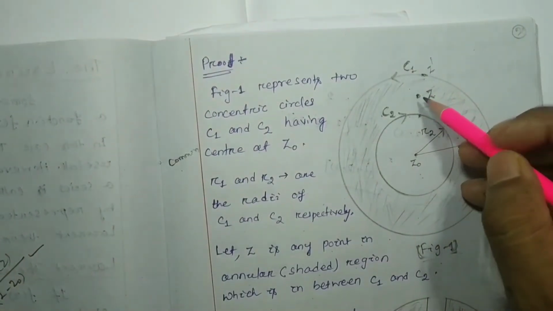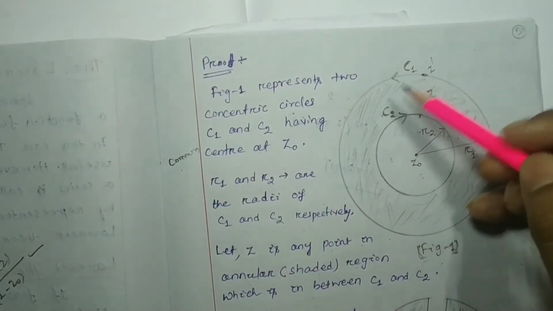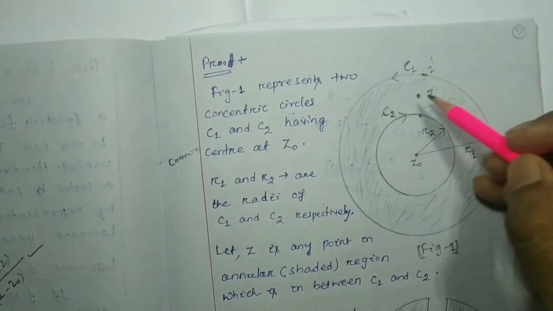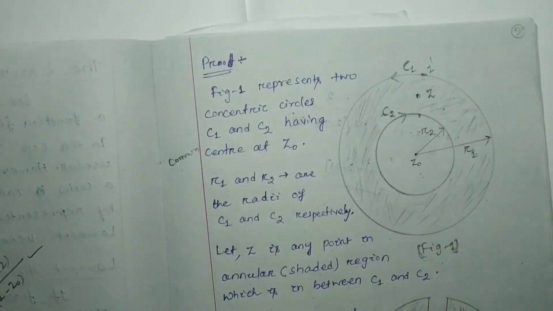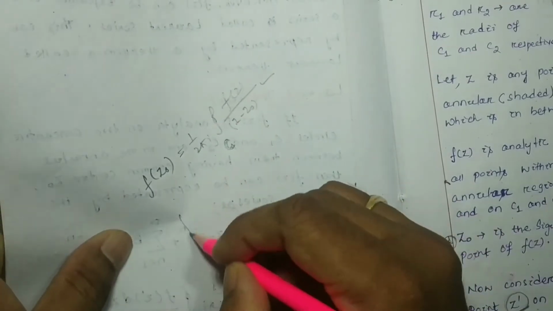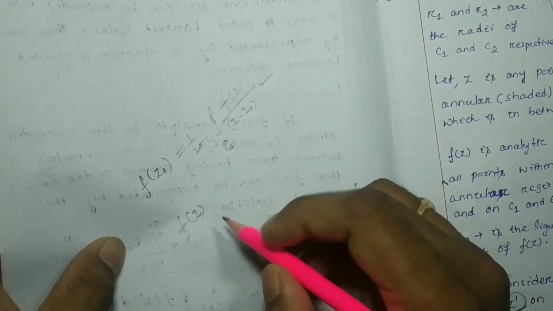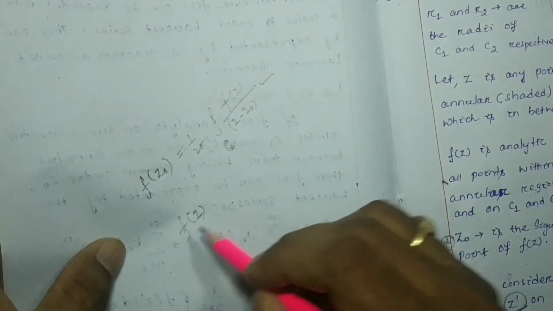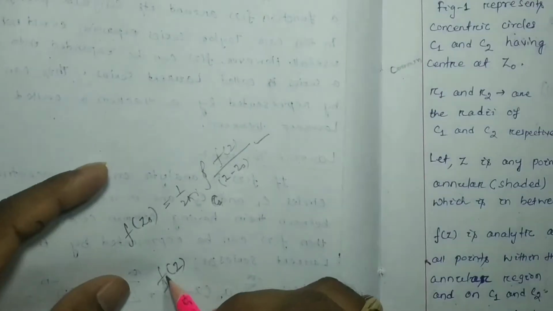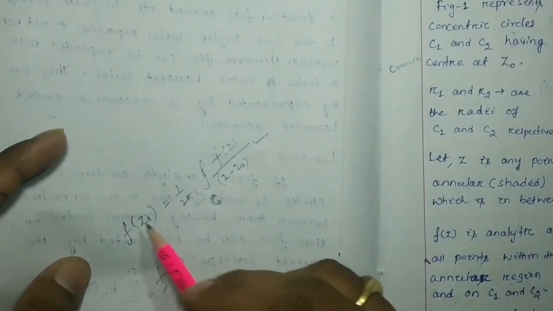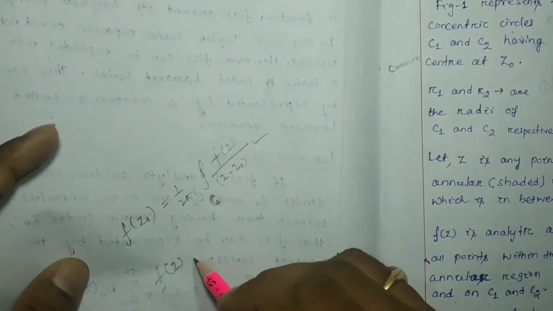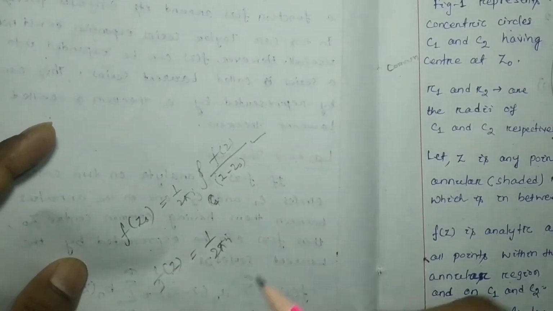The function is analytic inside this region. So at z, what will be the value? The functional value at z can be written as f(z). Instead of z0, we can write f(z) will be equal to 1 by 2 pi i.